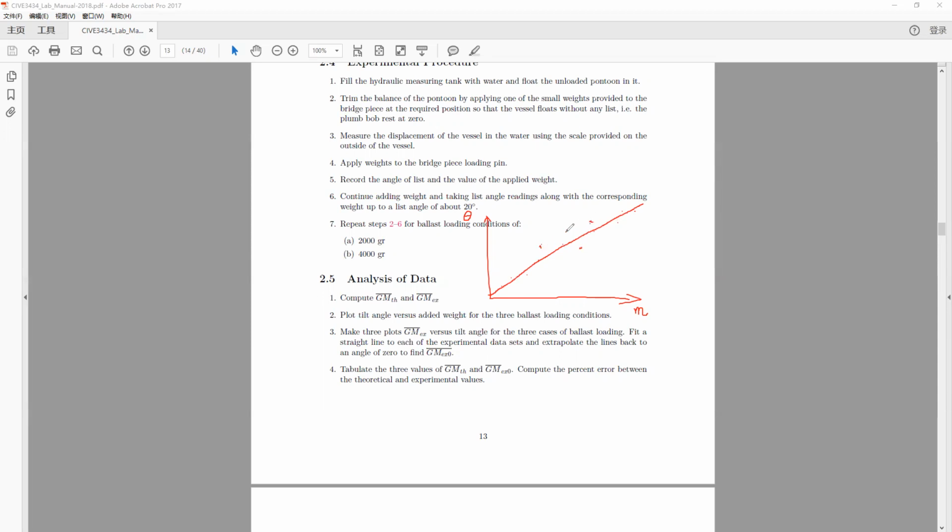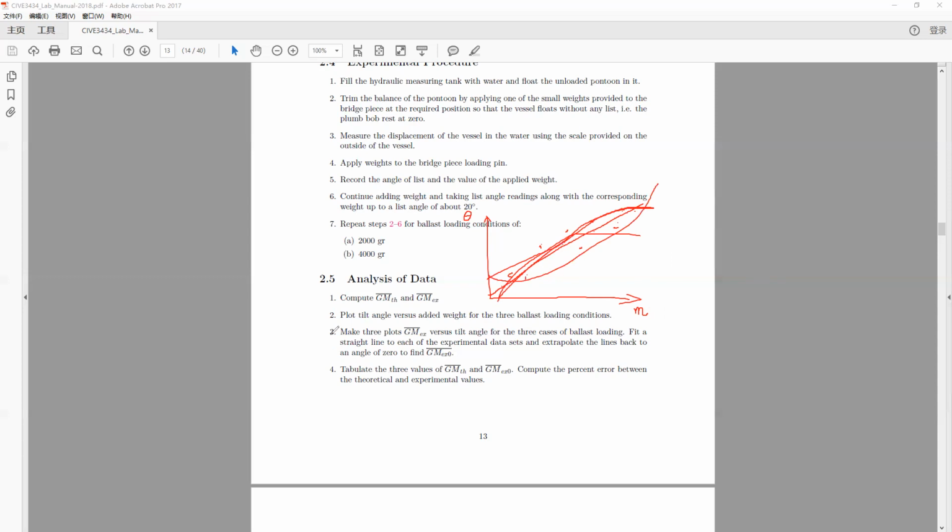I'm not sure if it looks like that; eventually it could be a curve or something. It depends, but the general trend is the bigger the mass is, the bigger the listing angle is. It could be a curve like this or a curve like this. I'm not sure, so you need to find out what it looks like.